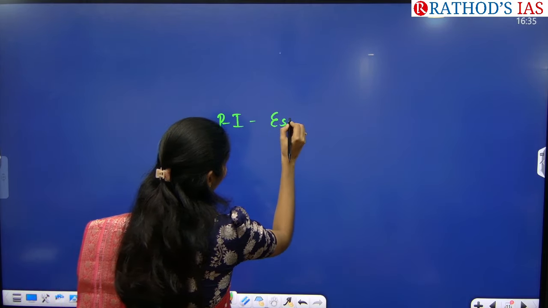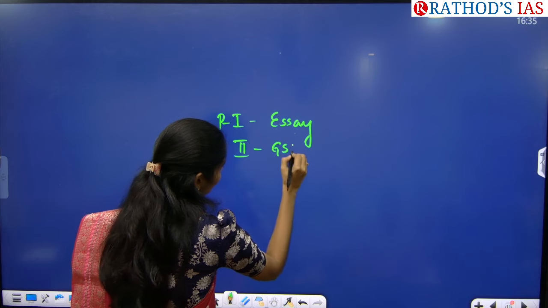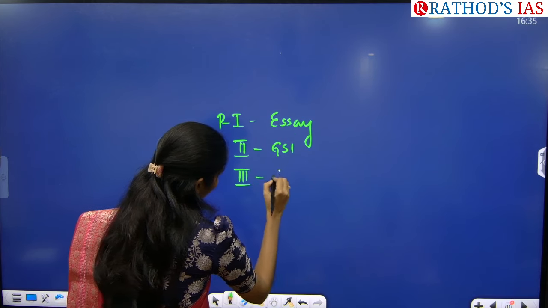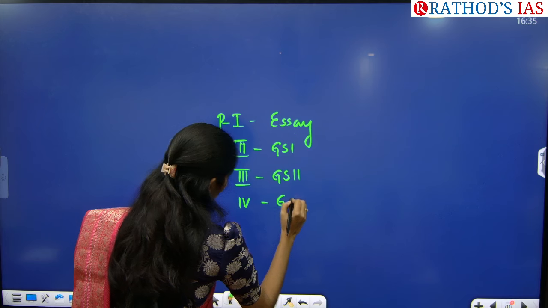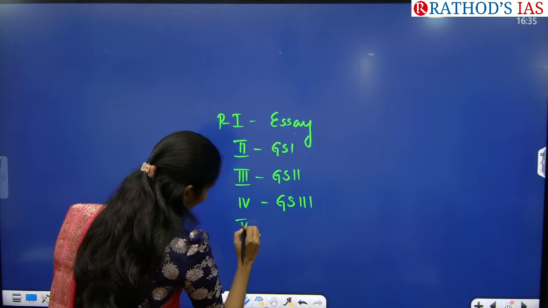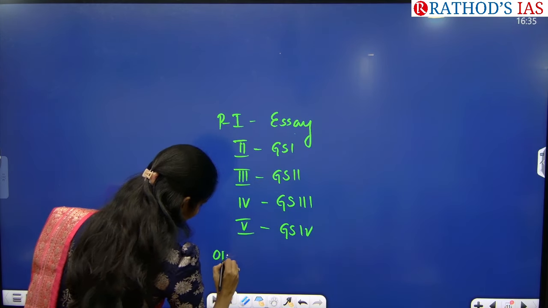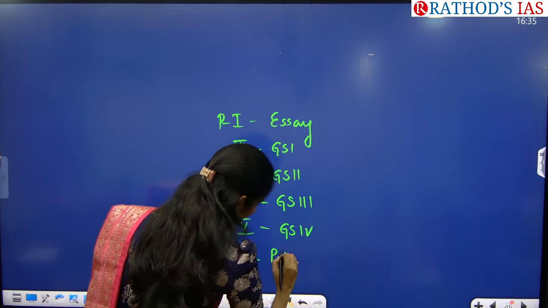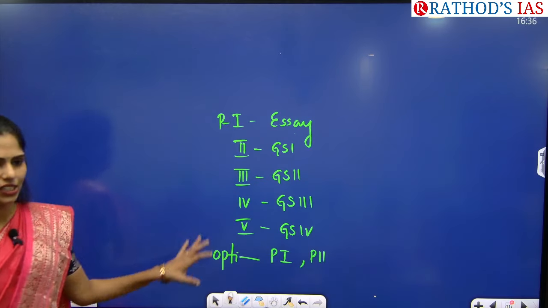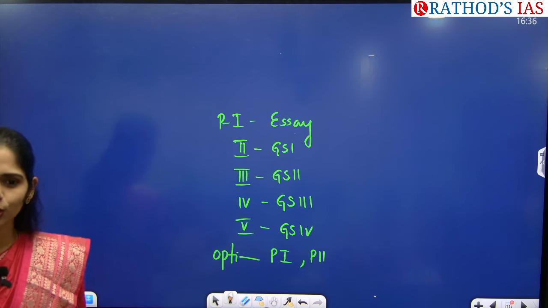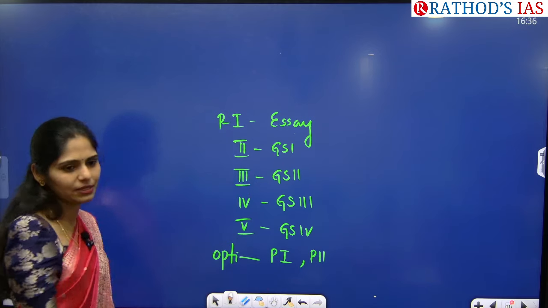Paper 1 is essay, paper 2 is GS1, paper 3 is GS2, paper 4 is GS3, paper 5 is GS4, and you have two optionals: optional paper 1 and paper 2. I will let you know within 3 to 5 minutes why I am talking about these papers, so if you wait.